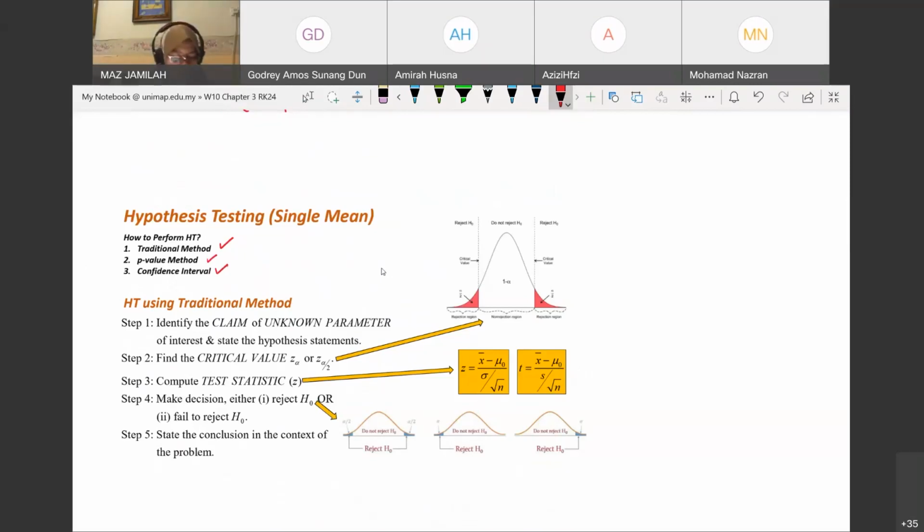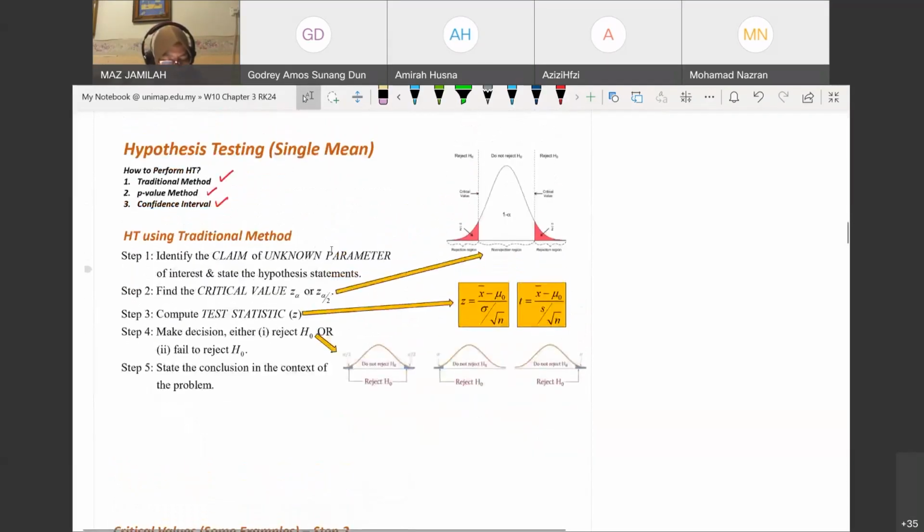The confidence interval method, I will reserve until we have discussed the traditional method and the p-value method. Now, what are the steps when you are using the traditional method? For the traditional method, there are 5 steps involved. The first one is to identify the claim of the unknown parameter of interest and state the hypothesis statement.